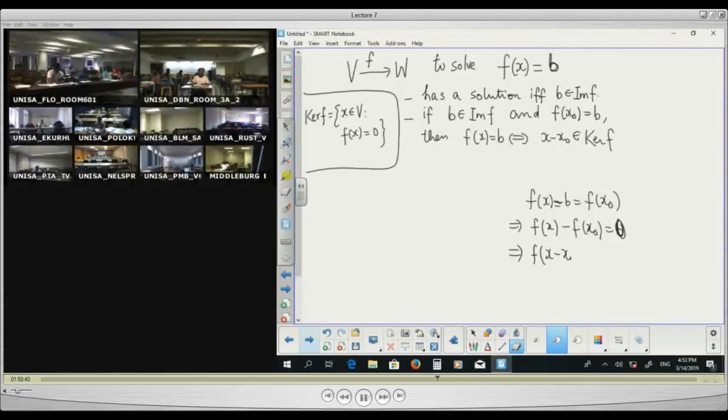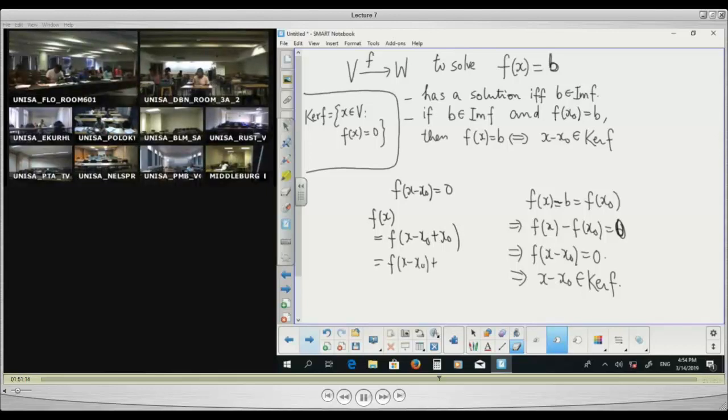Conversely, if you take x minus x naught to be in the kernel of f, then f of x minus x naught is 0. And what is f of x? f of x is f of x minus x naught plus x naught, so it is f of x minus x naught plus f of x naught, which means it is B. Right? So this shows that f of x will be B if and only if x minus x naught is in the kernel.